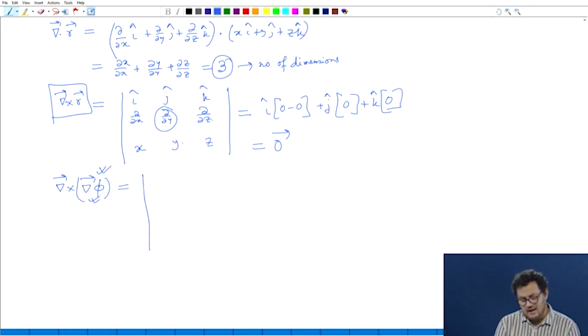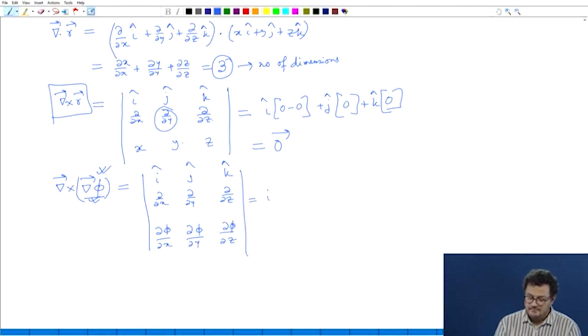If I take the curl of the gradient of a scalar, then i j k, del del x, del del y, del del z. What will be the x component of the gradient of phi, or nabla phi? That will be del phi del x, and the same for the other two components, del phi del y and del phi del z. So what will the ith component be? The ith component will be del 2 phi del y del z minus del 2 phi del z del y.